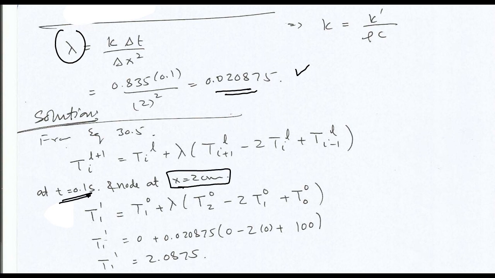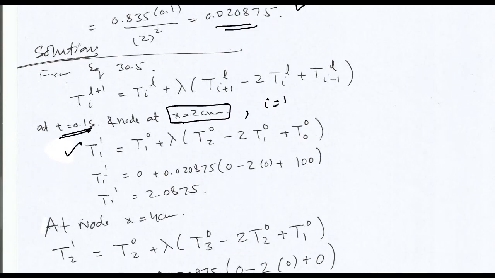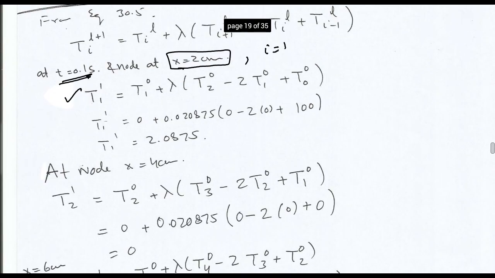So i is 1, and we are able to write T_1^1 equals T_1^0, where L equals 0 here, plus lambda times (T_2^0 minus 2 T_1^0 plus T_0^0). Notice that L is 1 on the left and L is 0 on the right. We are able to calculate T_1^1.